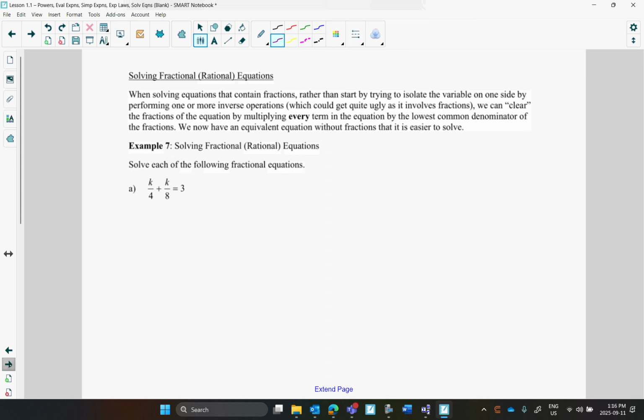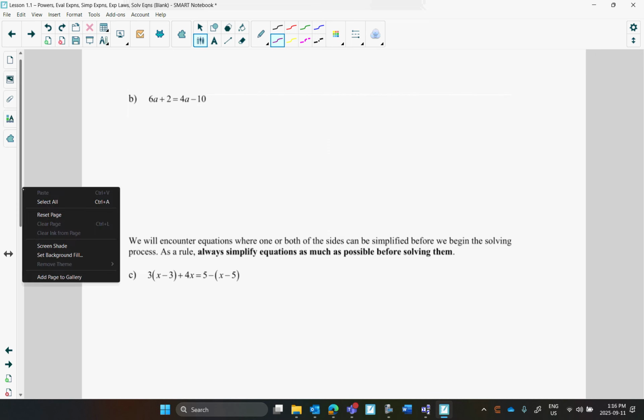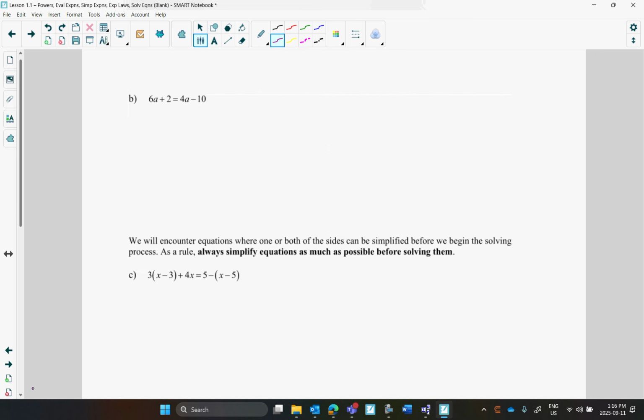Do you remember what we did when we had variables on both sides? Usually we move them to the left side, but you don't have to. So what do you want to do to get the a's together? How do I get rid of 4a here?